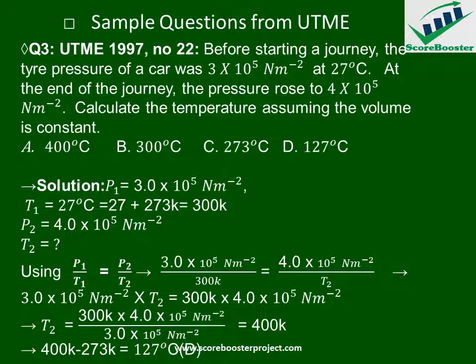At the end of the journey, the pressure rose to 4 times 10 raised to the power 5 Newton per meter square. Calculate the temperature, assuming the volume is constant.